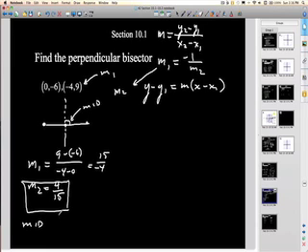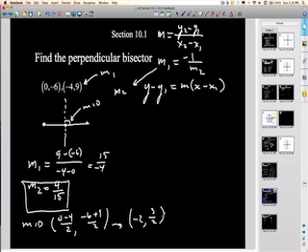My midpoint will be the average of the x-coordinates, 0 plus negative 4, which is 0 minus 4 over 2, and negative 6 plus 9 over 2. So this becomes negative 2, 3/2. So I can take my slope and my point and put them in point slope, and I can write the equation of the perpendicular bisector.